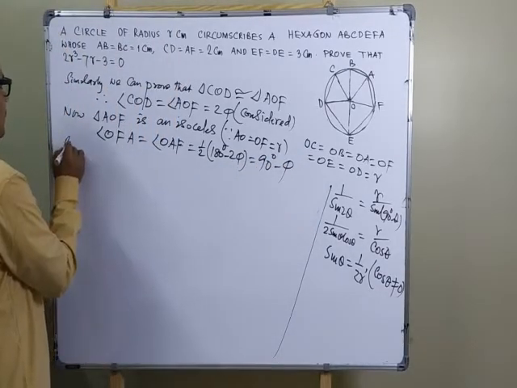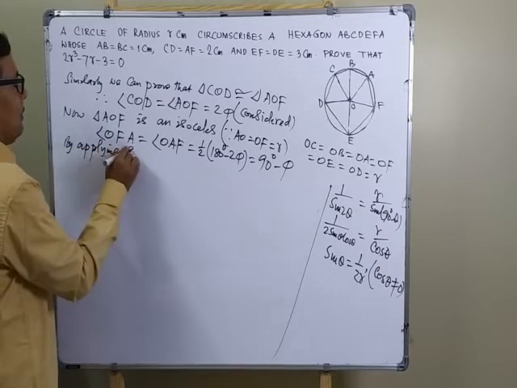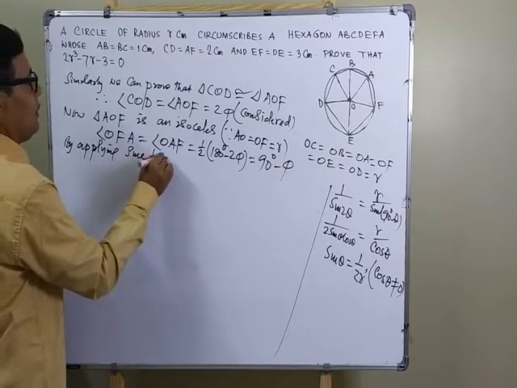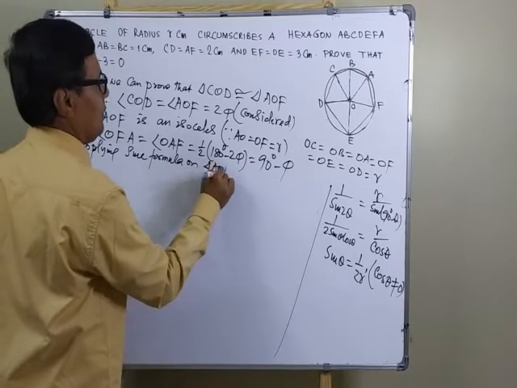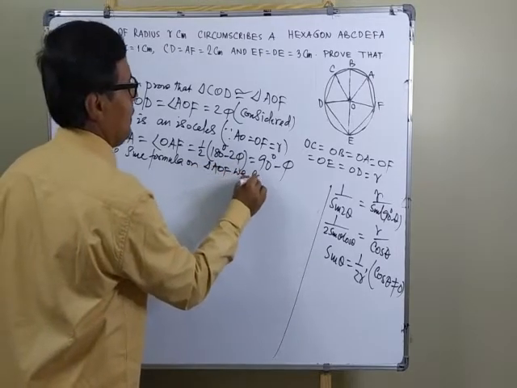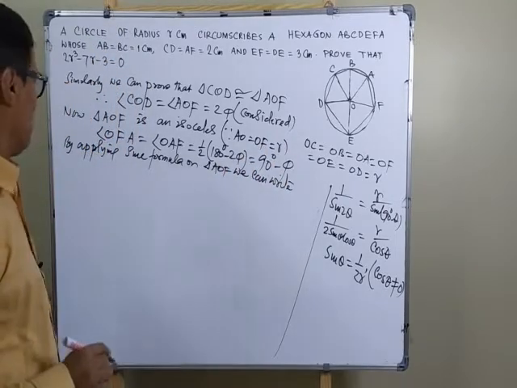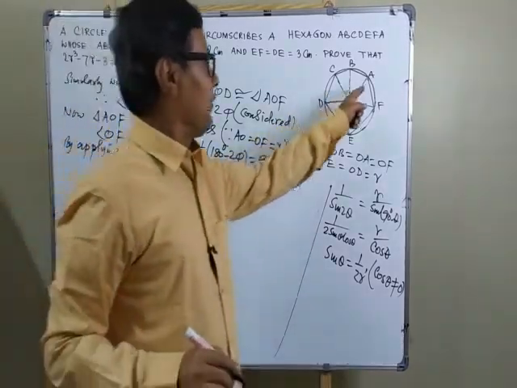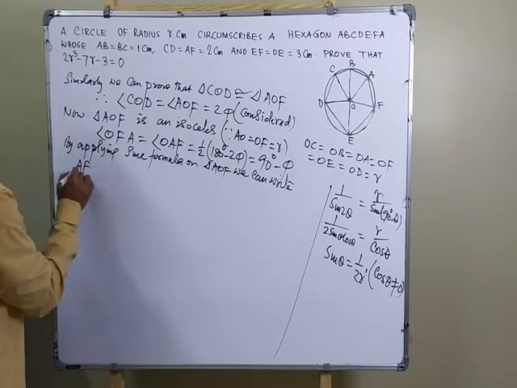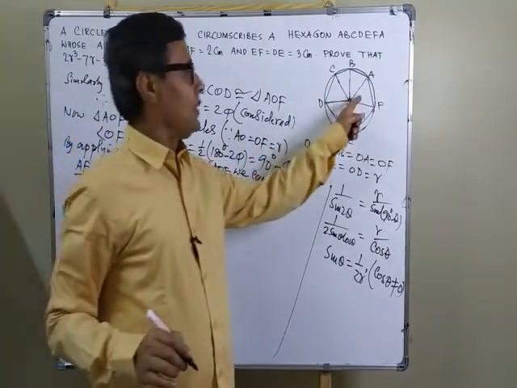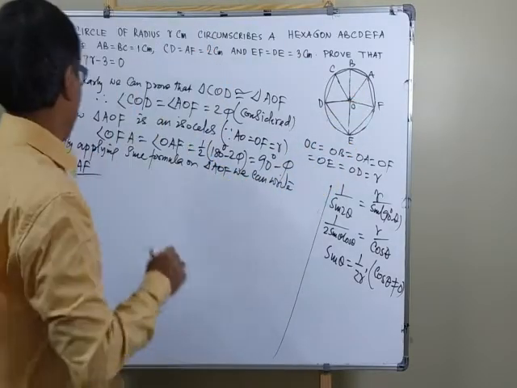By applying the sine formula on triangle AOF, we can write side AF over the sine of its opposite angle, which is AOF.